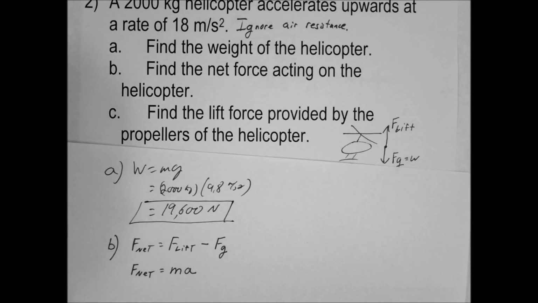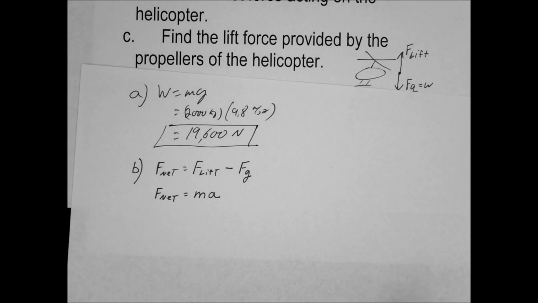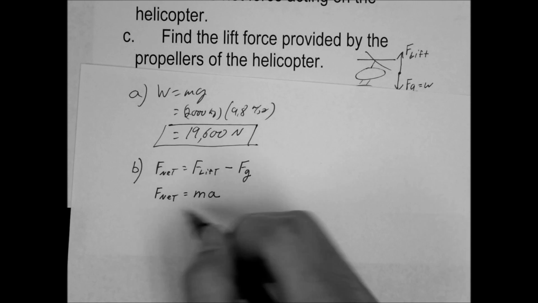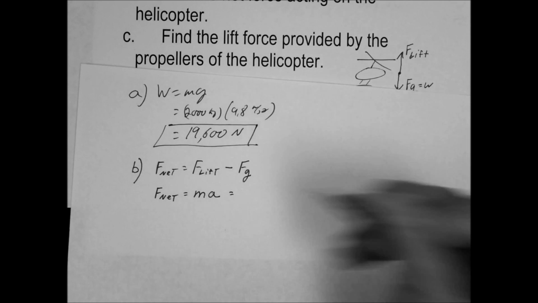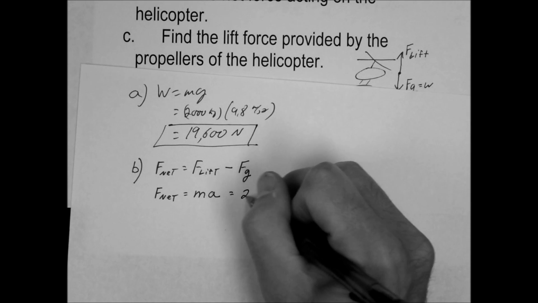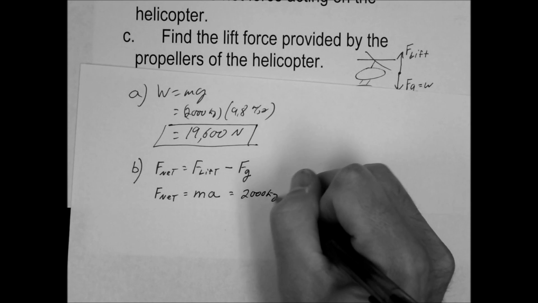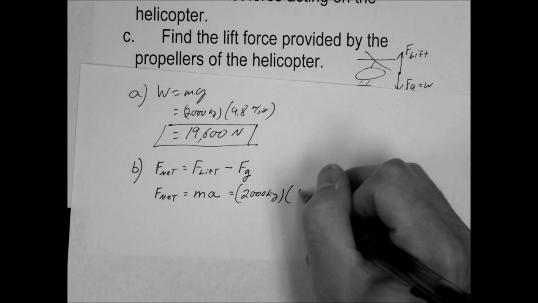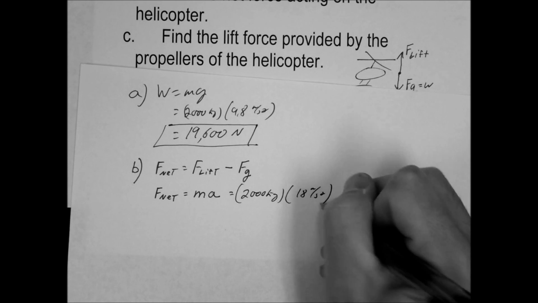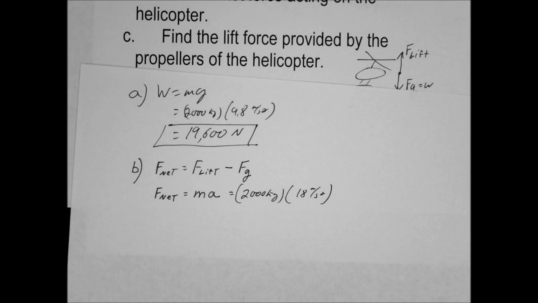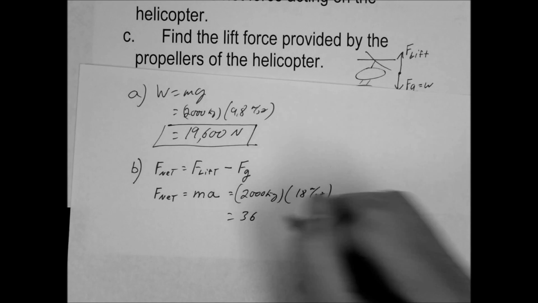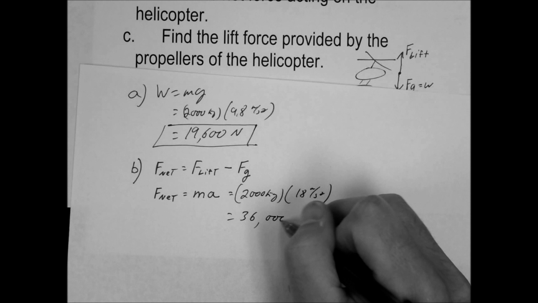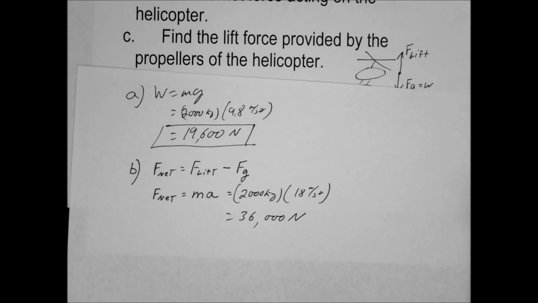So in this case, since they did give us the acceleration, we're going to use this part of F net. So what was our mass? 2,000 times 18. 36,000 newtons. So that's the net force.